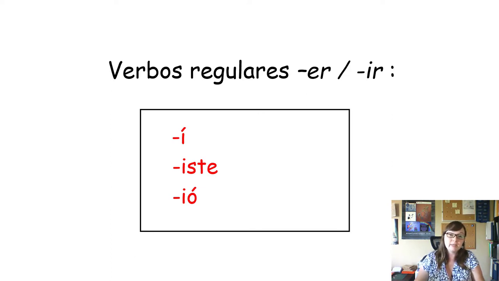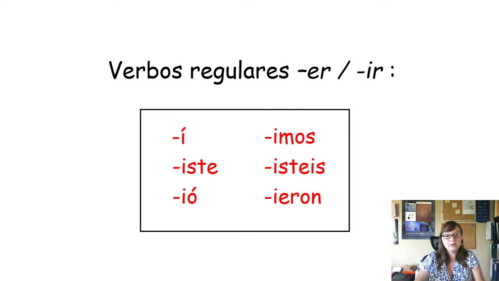Nosotros is the same ending as present tense, imos. And vosotros, isteis. And then we have the ellos, ustedes, ieron. Notice that we've got I in all of these, regardless of the fact that the verbs are ER or IR verbs. So again, that's í, iste, ió, imos, isteis, ieron.